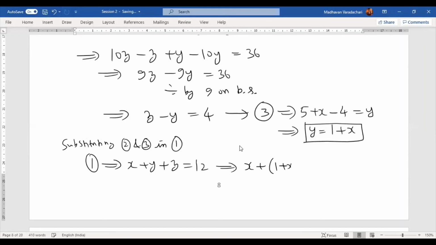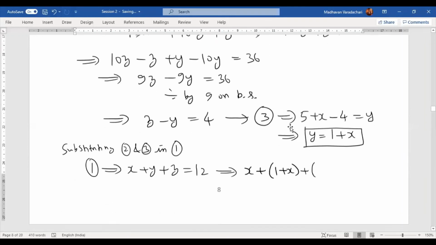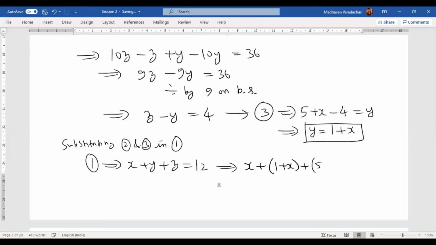It is 1 plus x. What is z? It is 5 plus x, is equal to 12. Now what is this? 3x plus 6 equal to 12, or I can say 3x equal to 6, which means x is equal to 2. I got x now.